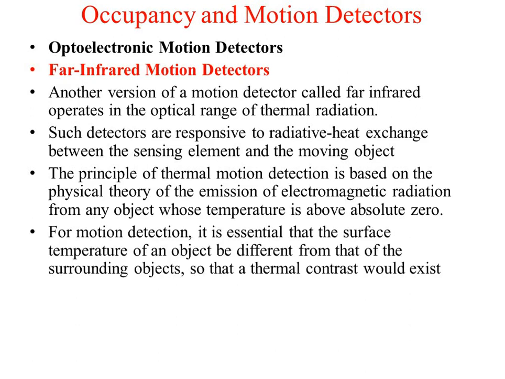For motion detection, it is essential that the surface temperature of the object be different from that of the surrounding objects, so that thermal contrast exists. Obviously, the temperature of your body and the temperature of the surrounding is totally different. If your body temperature is less and the surrounding temperature is more, you can observe that difference.